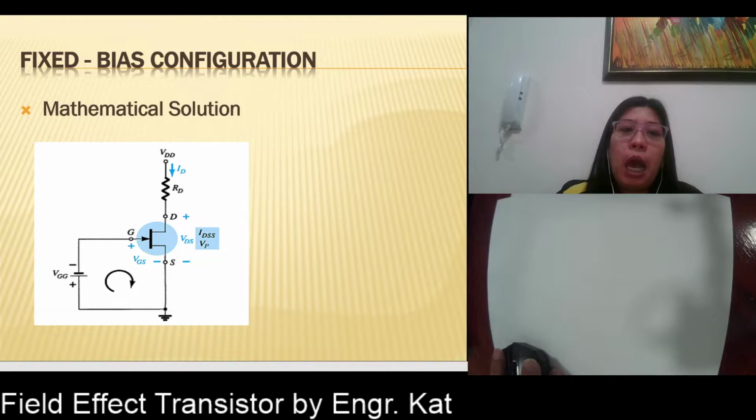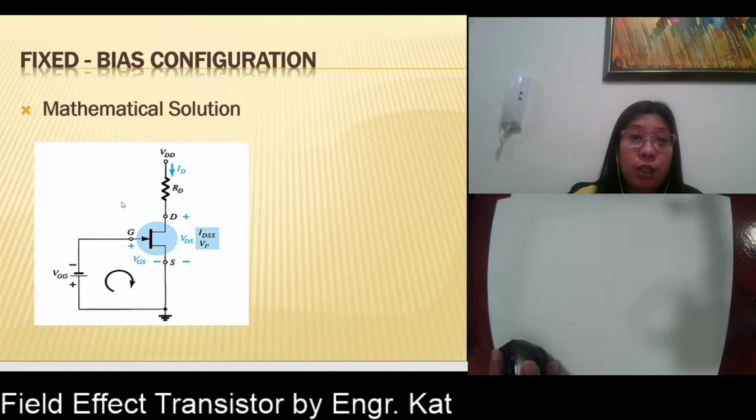Okay, however, where is your RG? Remember, we said that your IG is equal to 0. So whatever current is flowing across your RG, since IG is equal to 0, what is the voltage drop across RG?